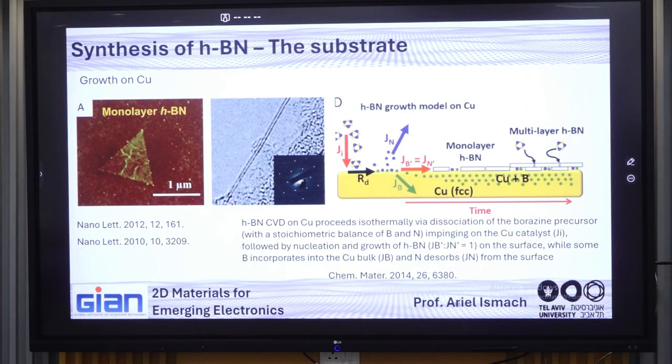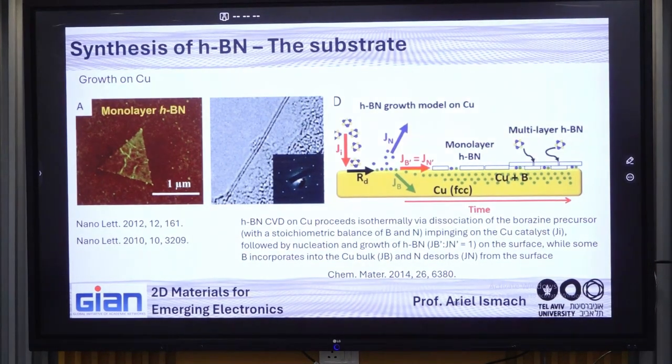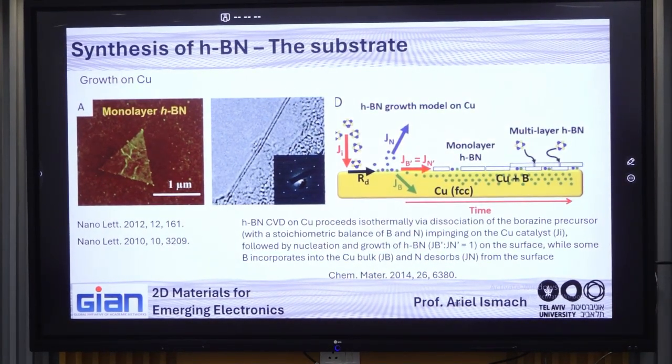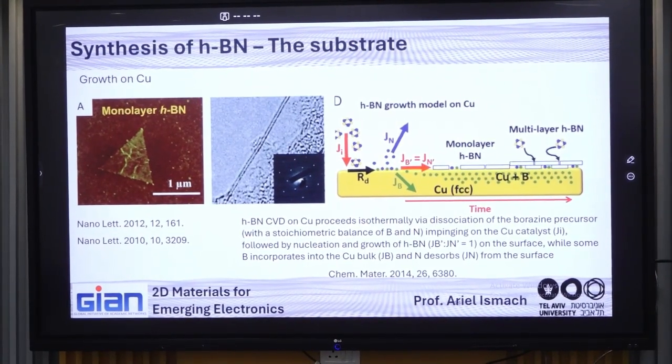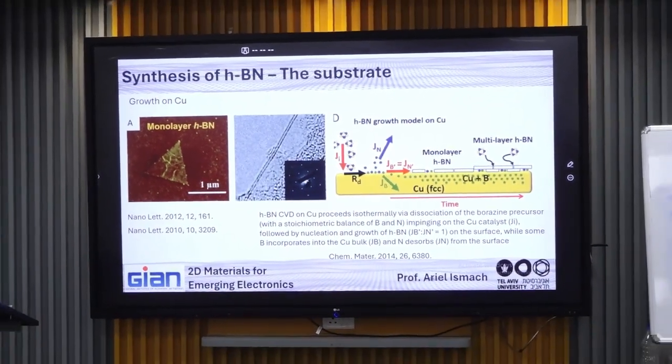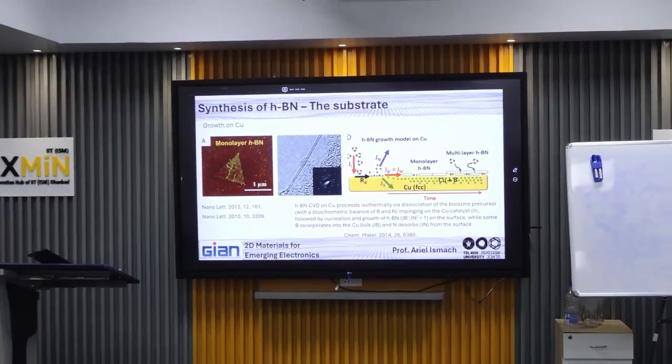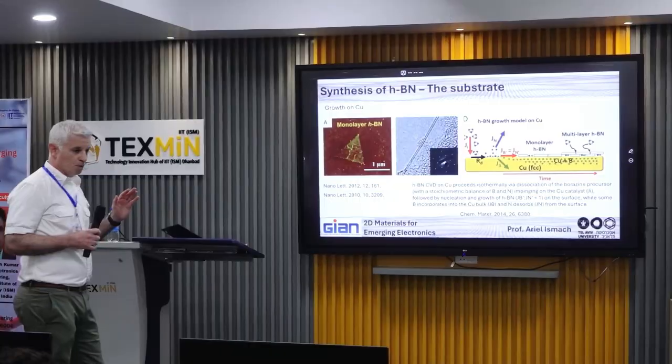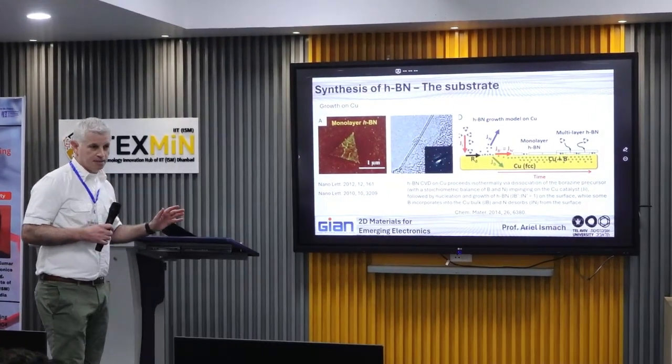Okay, but then again, mimicking the growth of graphene, many groups, the first one I think was Jing Kong's group at MIT, showed that when you synthesize hBN on top of copper, you can get a monolayer, but you may also get few layers. So it's more dependent on the process than for graphene.